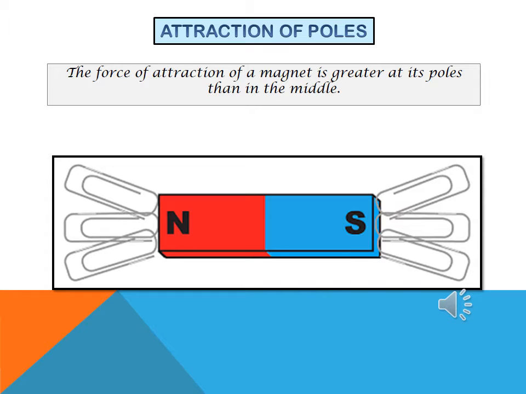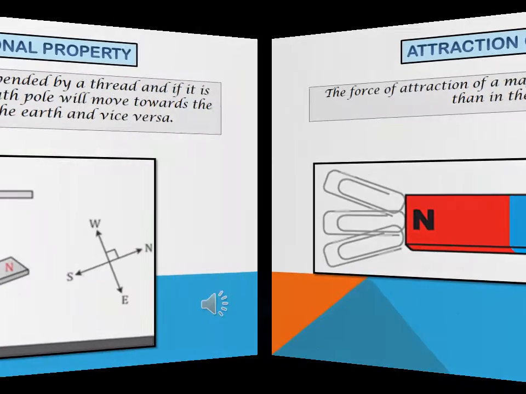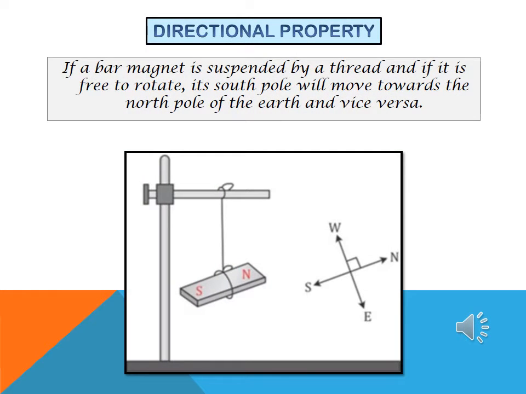Attraction of poles. The force of attraction of a magnet is greater at its poles than in the middle. Directional property. If a bar magnet is suspended by a thread and is free to rotate, its south pole will move towards the north pole of the earth and vice versa.